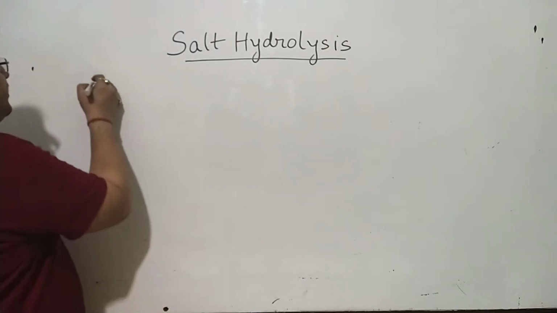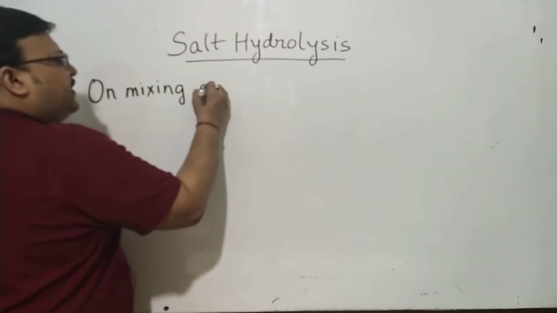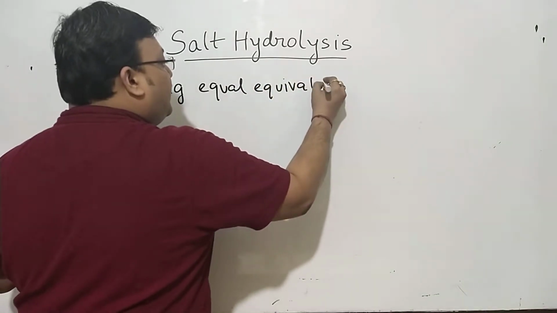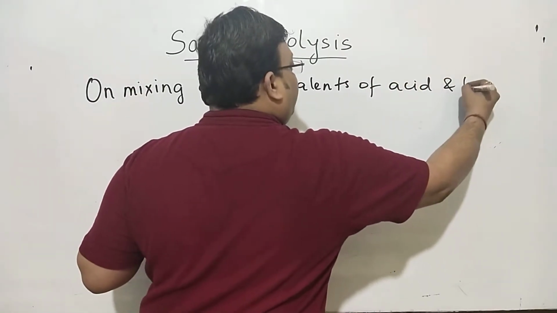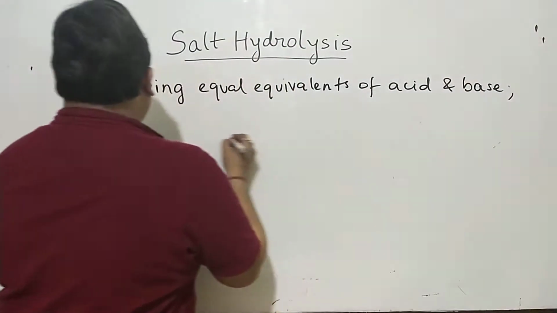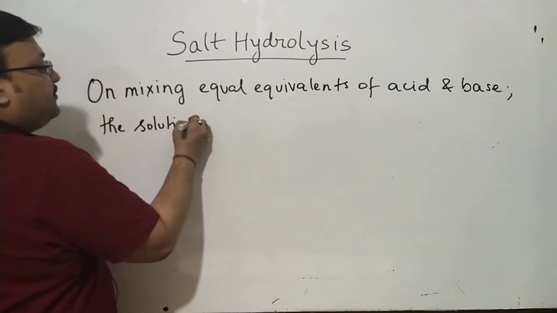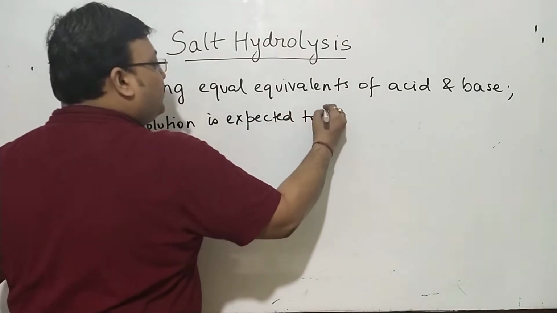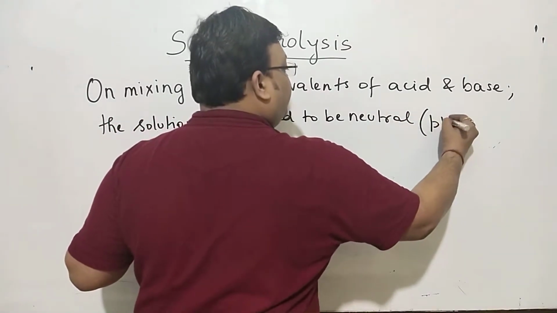On mixing equal equivalents of acid and base, the solution is expected to be neutral, with pH equal to 7.